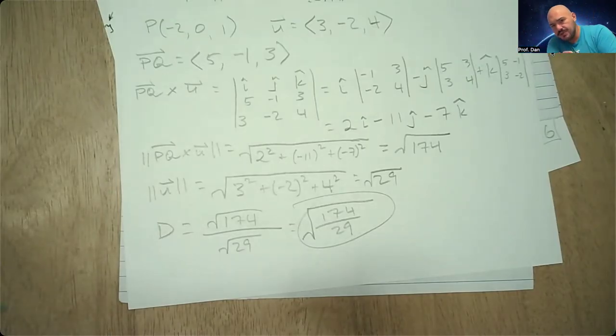Right. And in a similar way, we could use the magnitude of the cross product to find the distance between a point and a line. And we could extend that to find distances between lines and lines that are parallel or planes and planes that are parallel. And yeah, that's it.